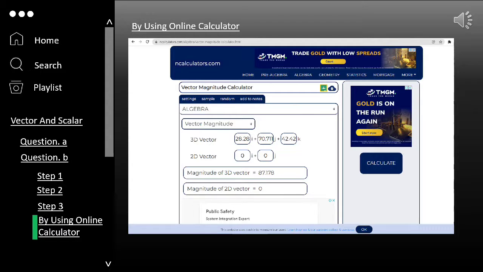Okay, 3D. 20 square root 2, we can directly write 28.28. For 50 square root 2, 70.711 J. 30 square root 2, 42.42 K. We press the calculate button and we get the magnitude of the 3D vector, 87.178. So this answer is the same result as our calculation.